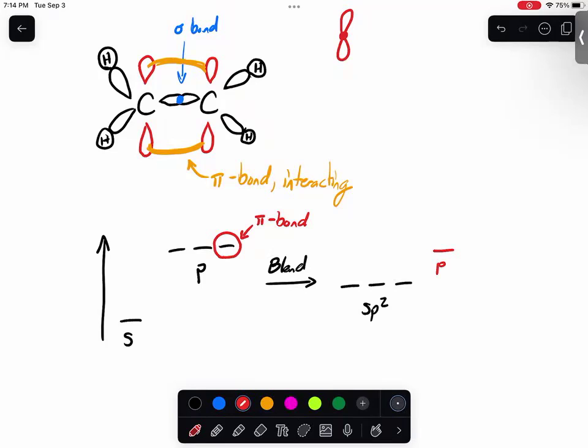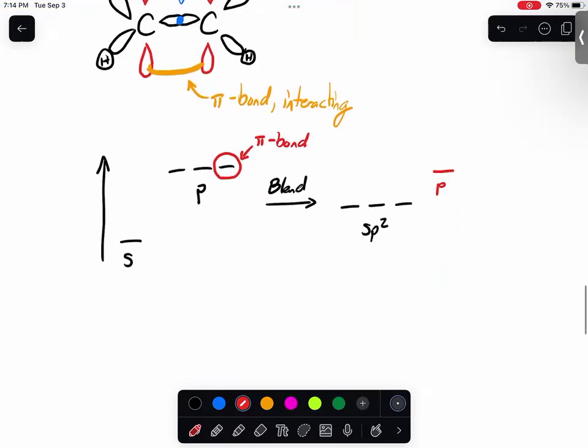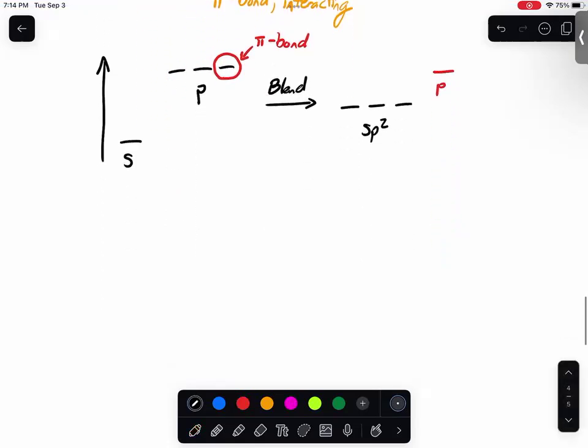So with that being said, we have essentially changed the game. Right now we have an open p orbital where electrons can sit, and we have the sp2 hybridized orbitals. And what this ends up boiling down to is that whenever we look at the structure of ethene, it is not tetrahedral.